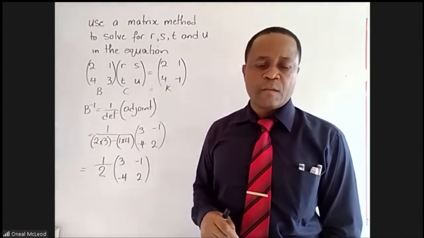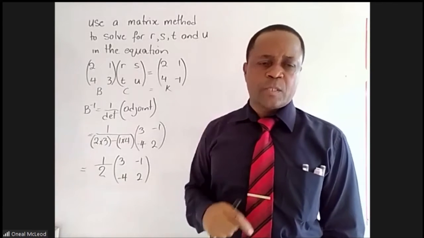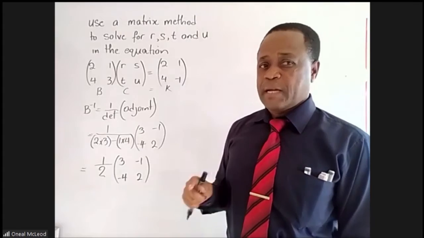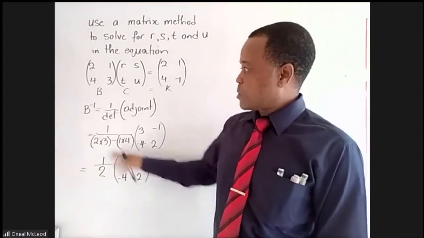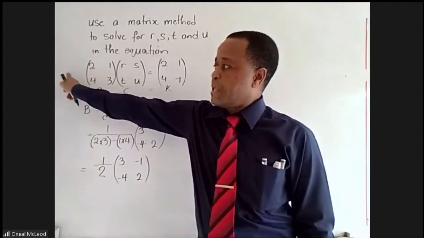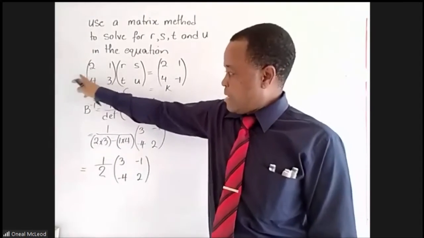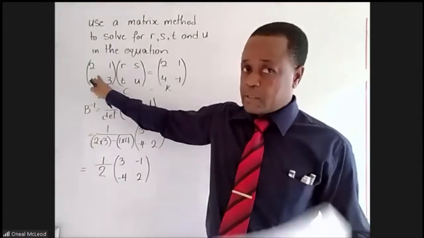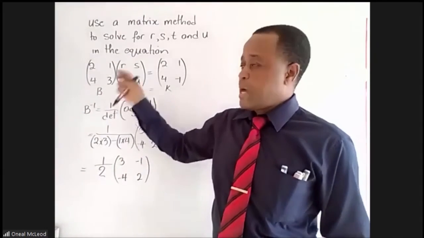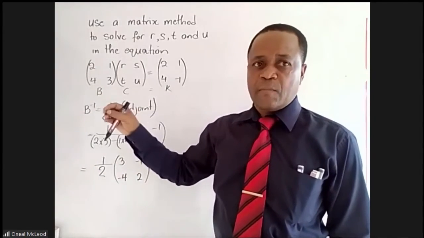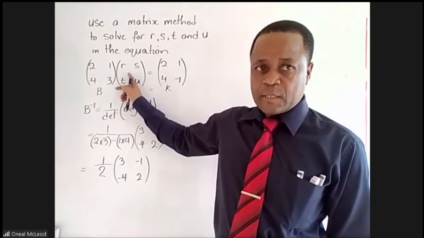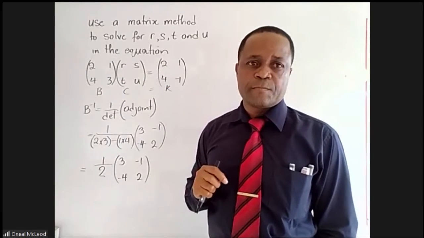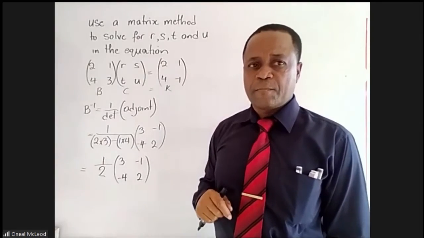But we already know, students, we have seen it, that if I use the inverse to multiply this side, then B inverse times B here is going to give you 1, 0, 0, 1. And then when I use that identity matrix to multiply the variable matrix, I'm going to get back my variable matrix as the answer. So what's the next step?